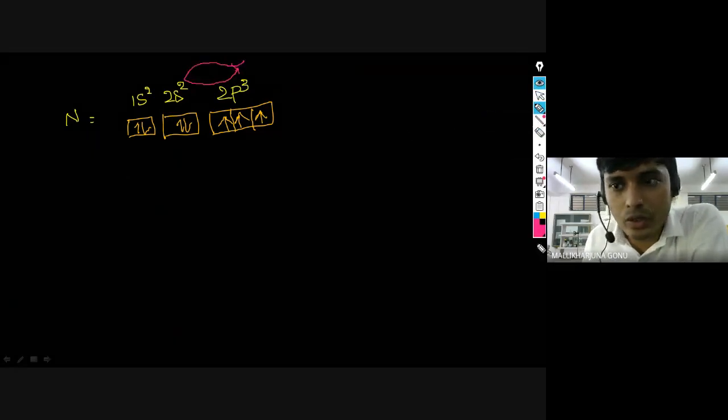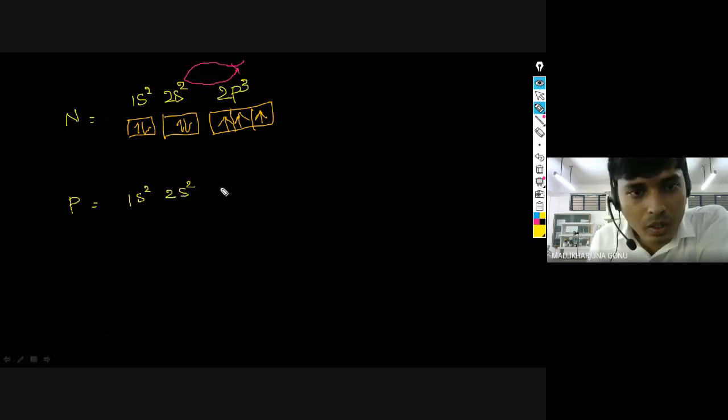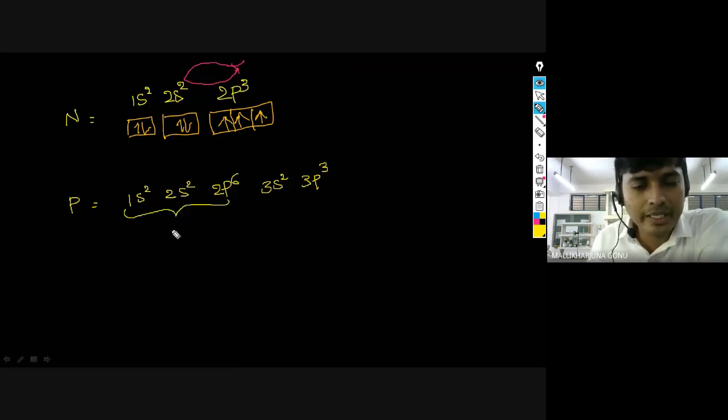Now I will write the electronic configuration of phosphorus. 1s2, 2s2, 2p6, then 3s2, 3p, how much? 3. 3s2, 3p3. Very good. So all these are the inner core electrons.